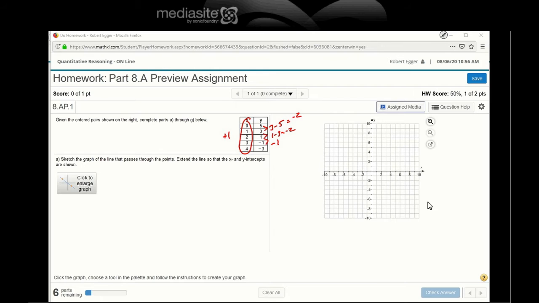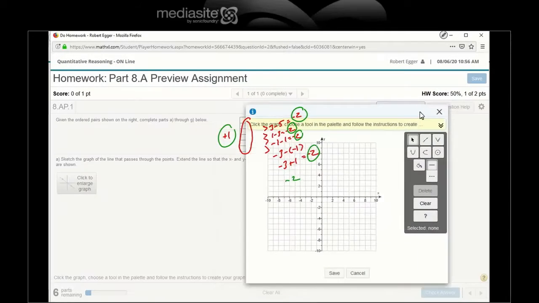Minus 1 minus 1 is minus 2. And minus 3 minus minus 1, which is minus 3 plus 1, which is minus 2. So note, x changes by 1, and y from those changes of x is also a constant minus 2, which tells me it's linear.